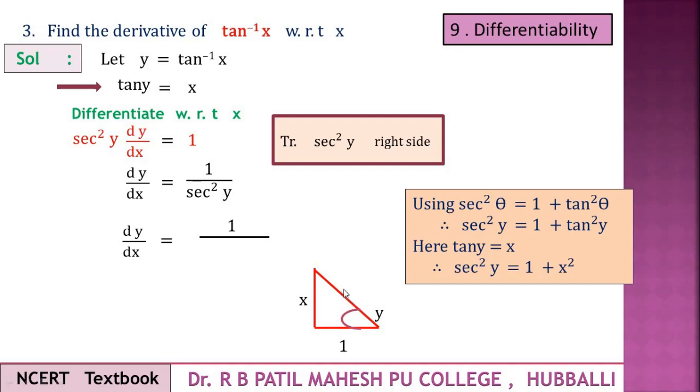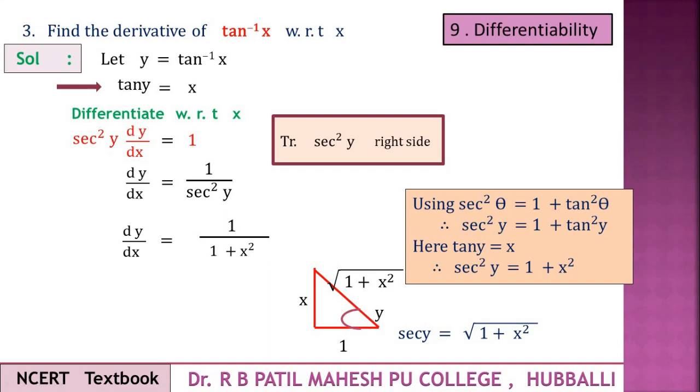Now you find the hypotenuse. Using the Pythagoras theorem, this becomes root of 1 plus x square. Now secant y is hypotenuse divided by adjacent, that is root of 1 plus x square divided by 1, which is root of 1 plus x square. Squaring this, you get 1 plus x square. So this method also you can use to substitute secant square y in terms of the x variable. So what is secant square y? 1 plus x square.